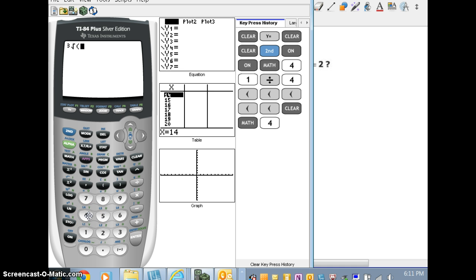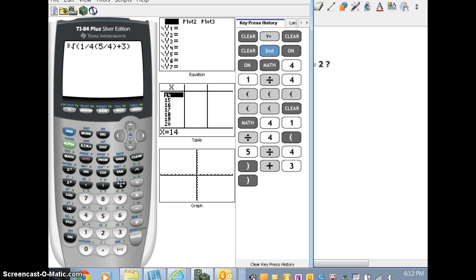Your calculators are actually easier to use than mine, but you're going to have 1 over 4, and then we're going to use the first answer choice, 5 over 4, in place of x. Plus 3. And on this I have to close the radical parentheses. On yours, I don't think you have to worry about that.